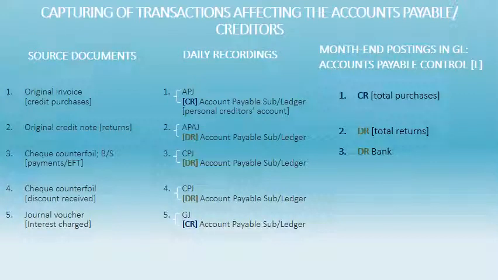The control account was debited with the contra bank for creditors' payments posted from the CPJ. The accounts payable control was debited with the discount received recorded in the cash payment journal. And lastly, the accounts payable control was credited with the interest paid posted from the general journal.